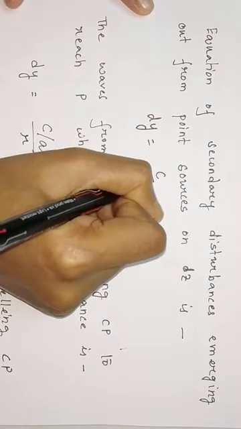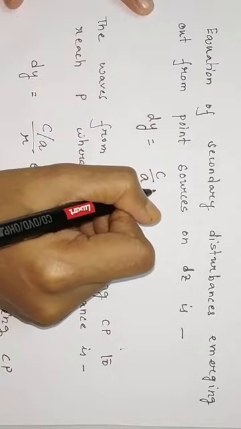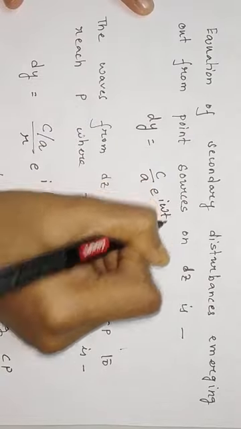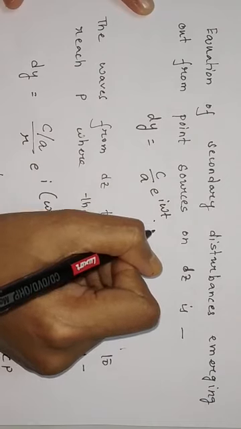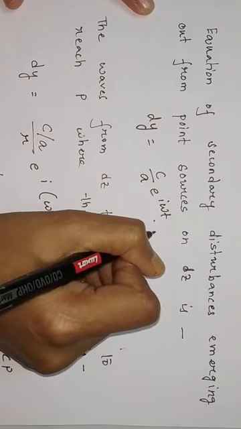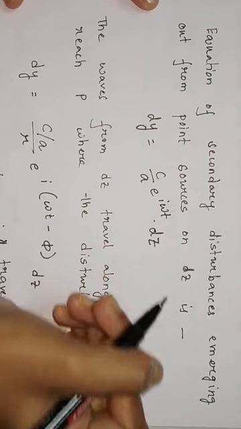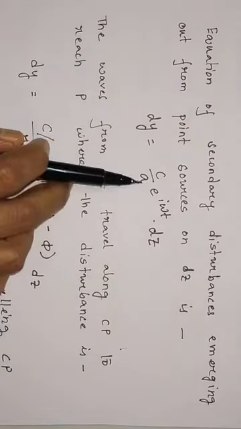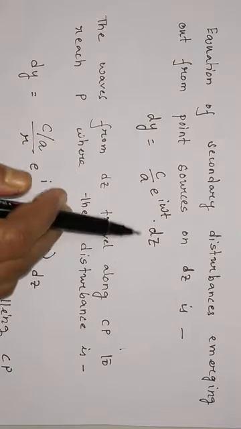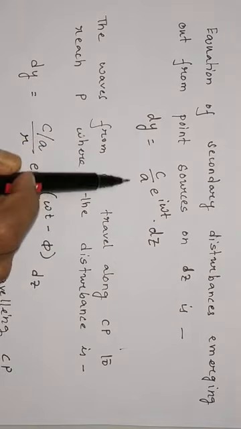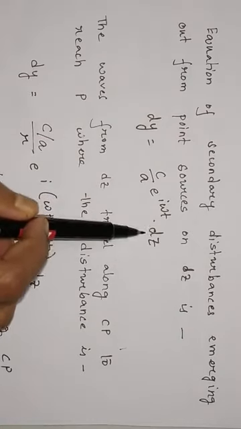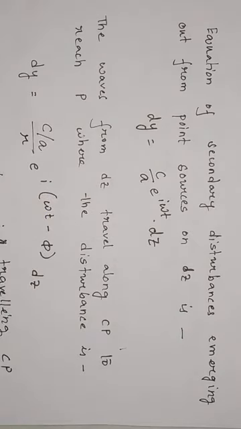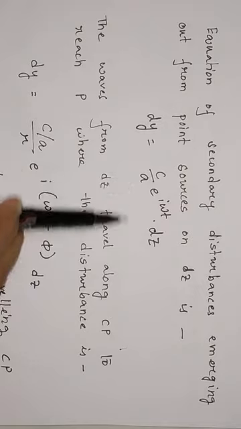For each point it is c by a e to the power i omega t, so for a length dz, the disturbance is that due to each point multiplied by that length, which is dz. The waves starting out from dz have this much disturbance.